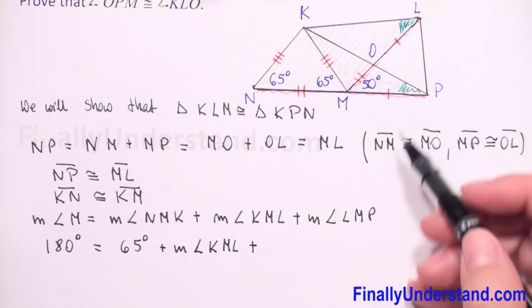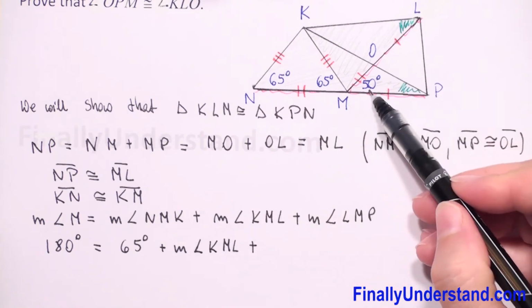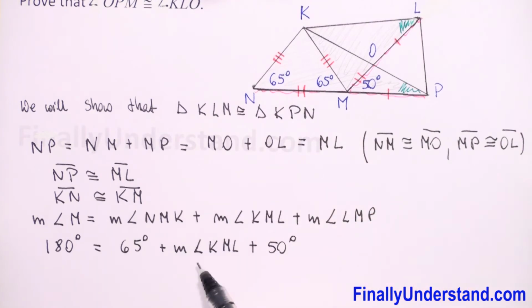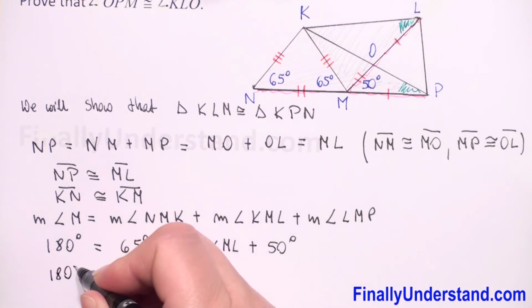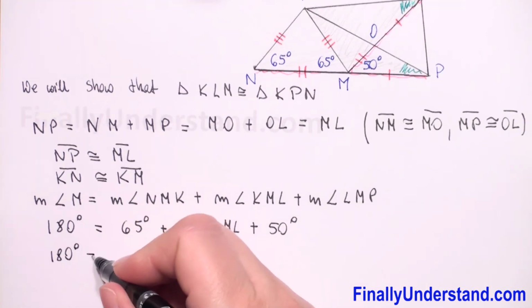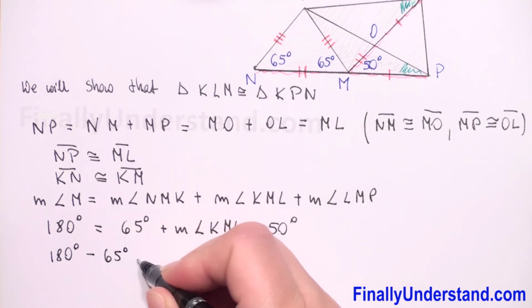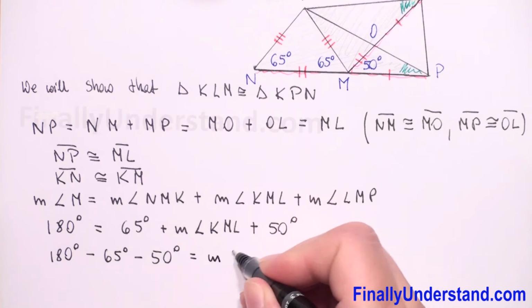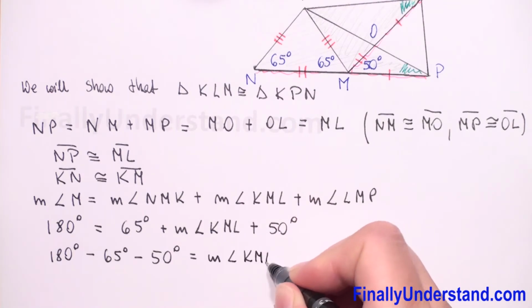And we have plus measure of angle LMP. This is 50 degrees. So we can calculate measure of angle KML. Let me move 65 and 50 to the left side. So we will have 180 degrees minus 65 degrees minus 50 degrees. This is measure of angle KML.